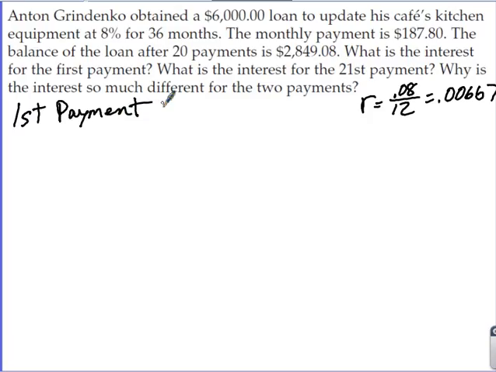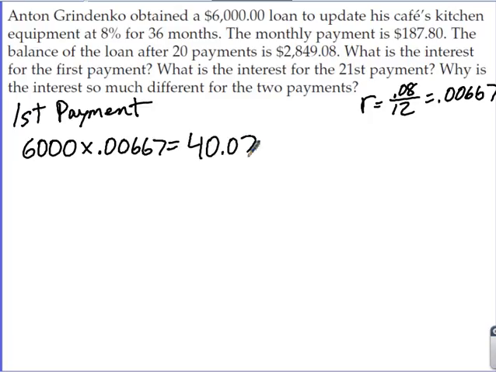It wants us to find the interest for the first payment. So, simple enough, 6,000 times 0.00667. You should have come up with $40.02.